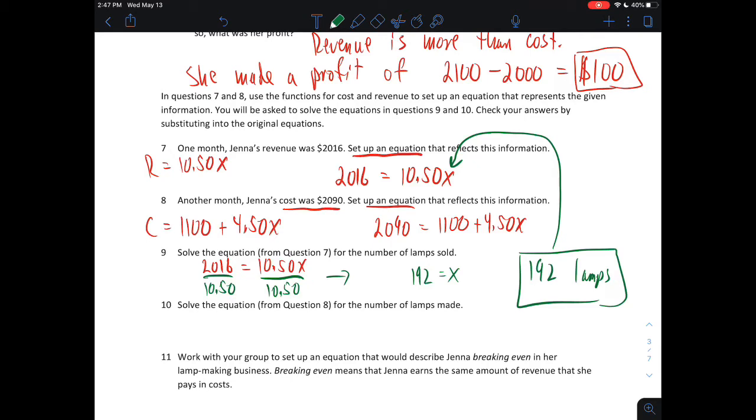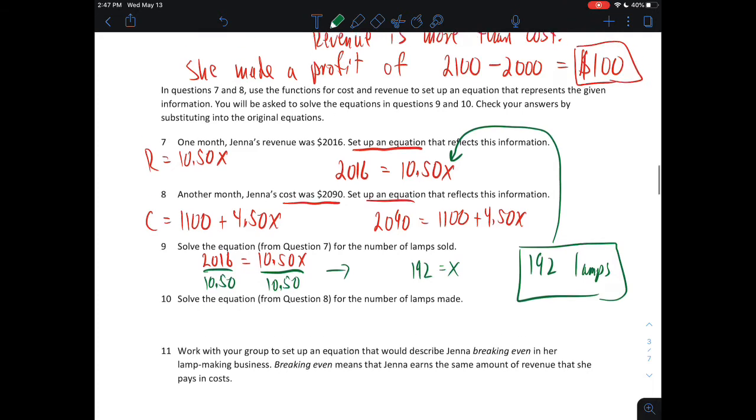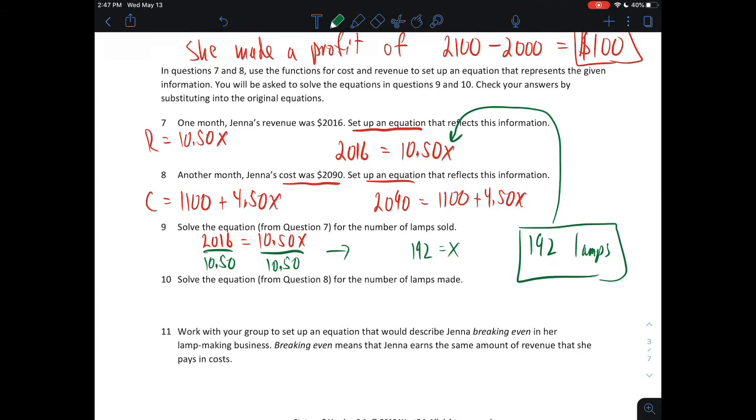So now number 10. Solve the equation from question 8 for the number of lamps made. I'm going to write some of this stuff off to the left just to give myself some room. You're going to start with the equation 2090 equal to 1100 plus 4.50x. And we again need to use opposite operations. So here, we don't want to divide first.